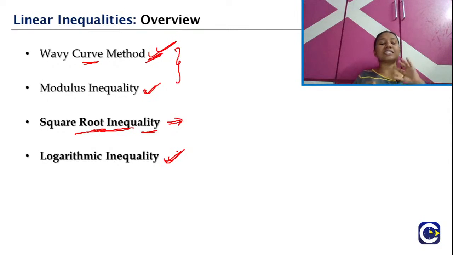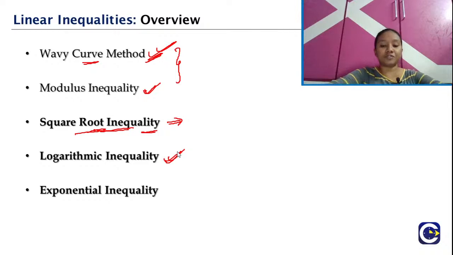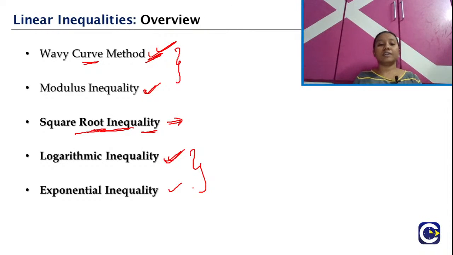In the same manner, for the exponential inequality, which is like the inverse of the other, we have similar conditions. For logarithmic it will be the base, and for exponential it will be the power. We'll check what conditions apply, where the inequality will change, and where it will remain the same.